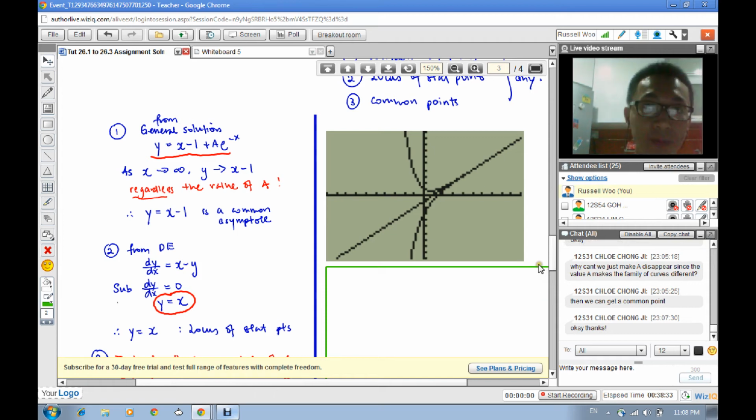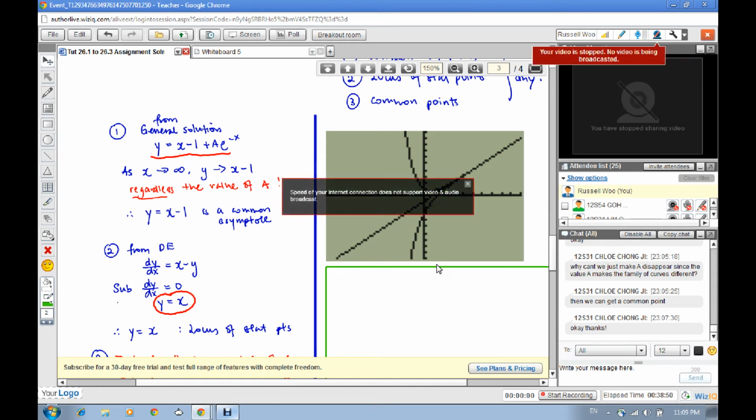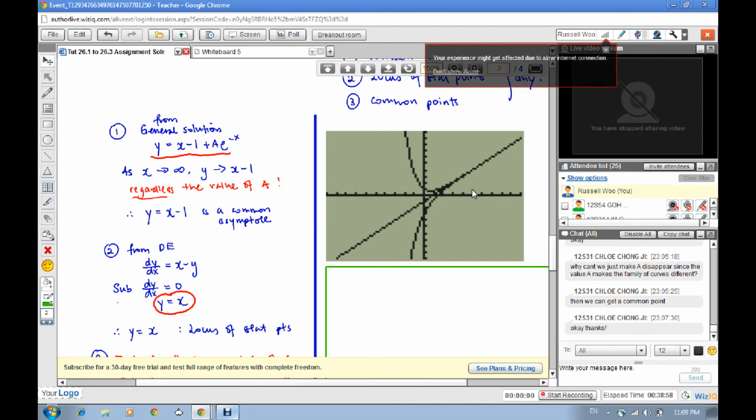Okay, sorry. So this is what you get from your GC. But we must know that y equals x minus 1 is a common asymptote.